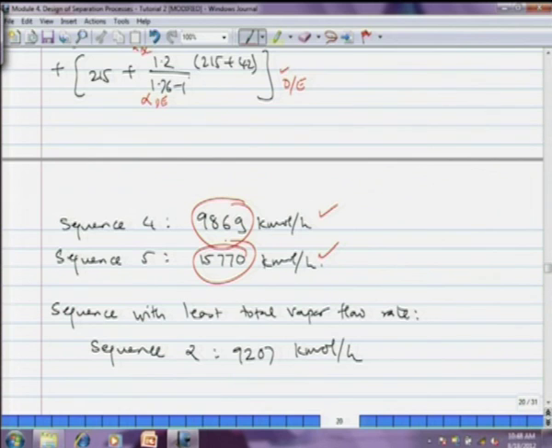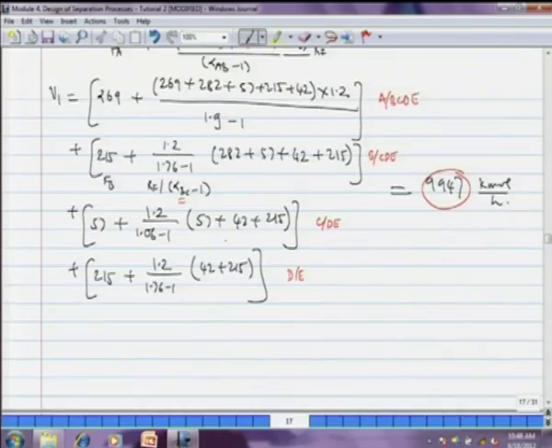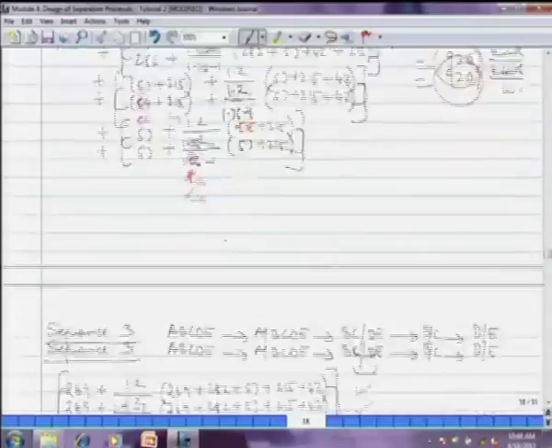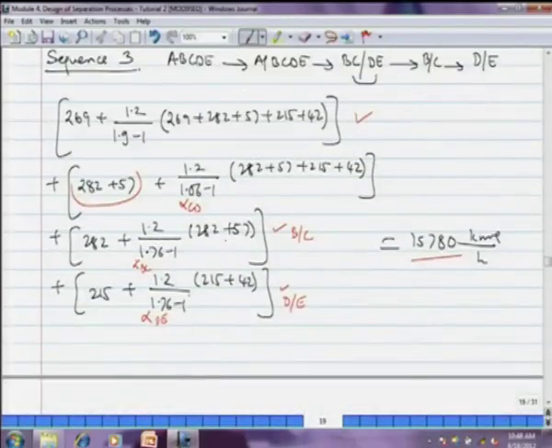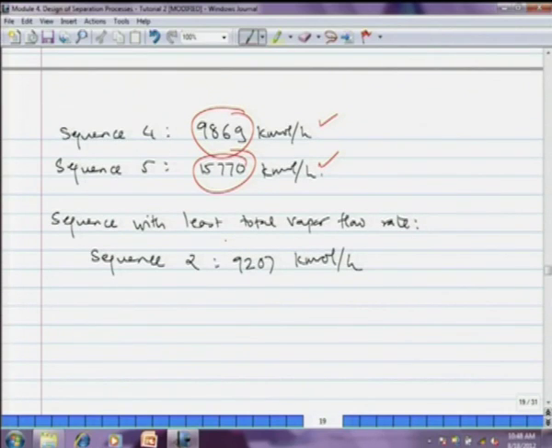4th sequence has total vapor flow rate of 9869 kilomole per hour, and sequence 5 has total vapor flow rate of 15770 kilomole per hour. Now, if you compare the total vapor flow rates of all 5 sequences, the first one we calculated as 9947, the second one as 9207, the third one as 15780, and 4th and 5th as 9869 and 15770 kilomole per hour.